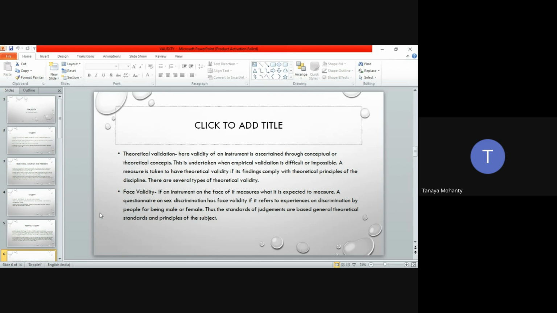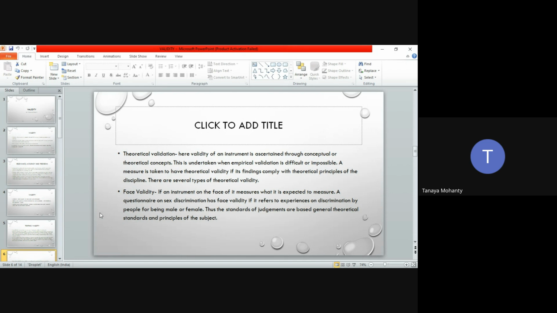So a measure is taken to have theoretical validity if its findings comply with theoretical principles of the discipline. There are several types of theoretical validity.